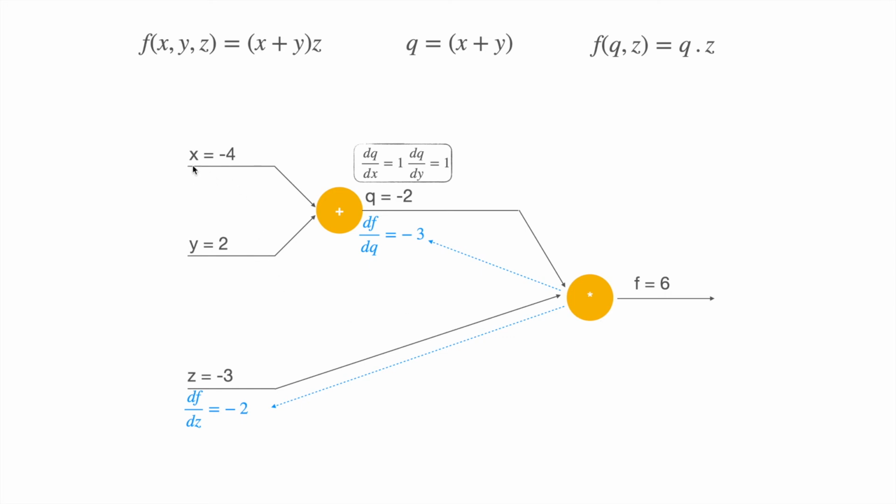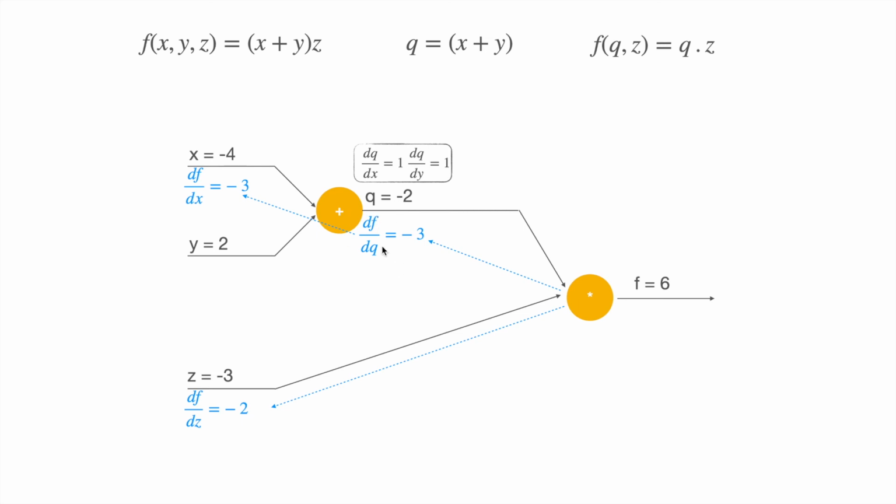Now we are interested in partial derivatives with respect to x and y, and we cannot directly compute them with respect to f, the final function, because they are not directly connected here. We perform the chain rule, that is, we multiply this gradient with the local gradient to get the final value.